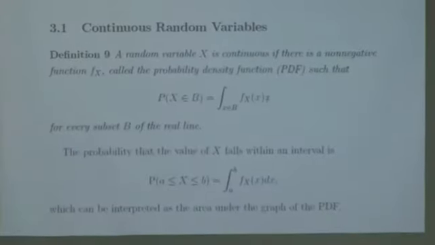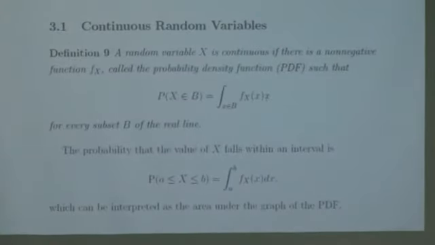A random variable X is continuous if there is a non-negative function fx called the probability density function, or PDF, such that the probability that x is in this region B is found by integrating over B fx of x dx. Okay? So let me write it down.